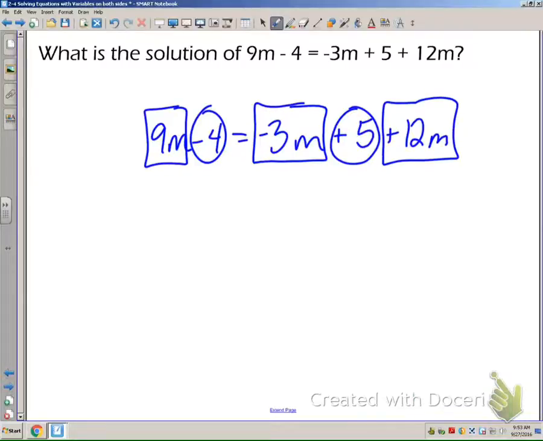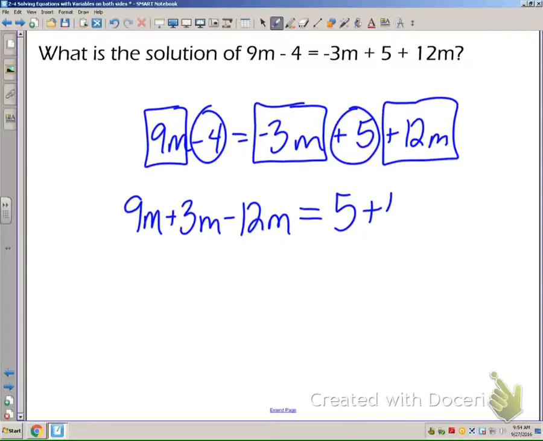Okay, I'm going to rewrite it. Move that 3m over, so it's going to be a positive 3m. Move that 12m over, so it's a minus 12m. I'll keep my equal sign. I've got a positive 5, and then I'm going to move that negative 4 over, so it becomes a positive 4. So 9m plus 3m is 12m.